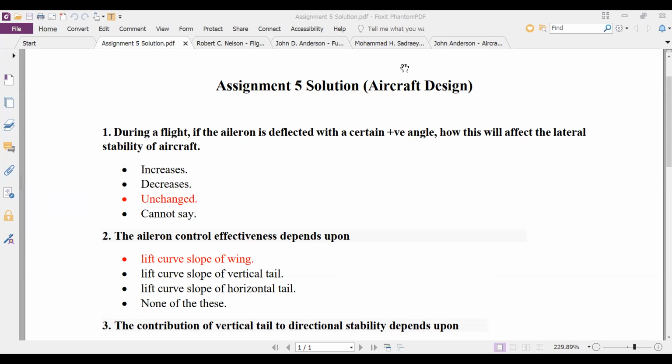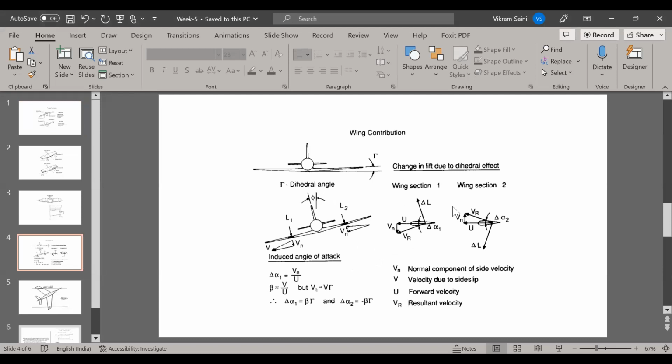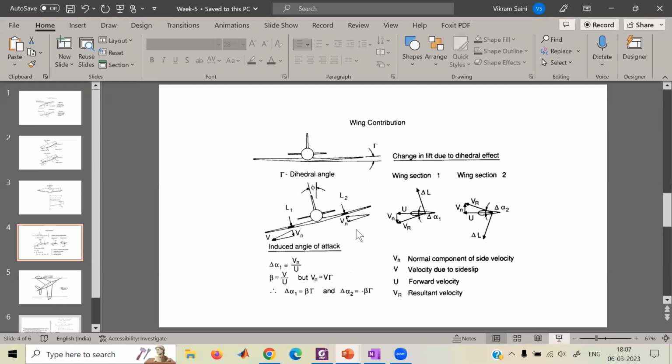All right, I'll change the screen. I hope you can see my screen, right? Yes, sir.